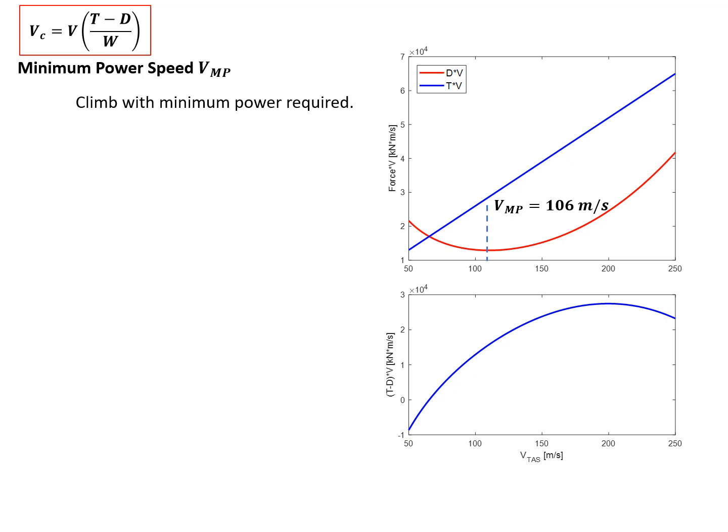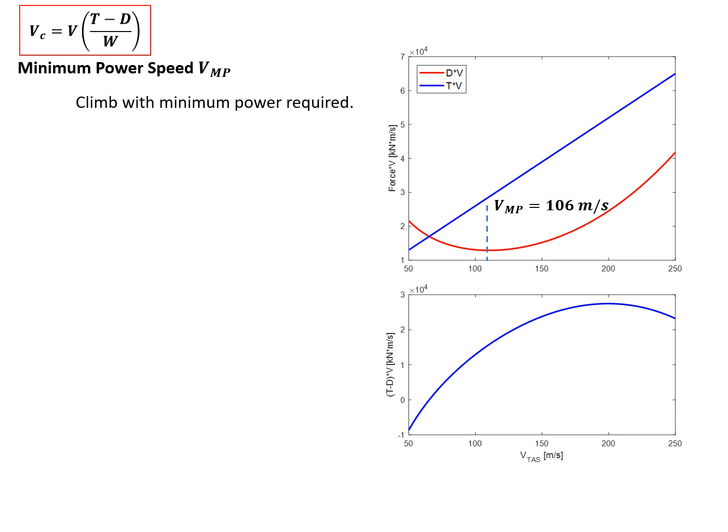Since VC is the difference between VT and VD, we subtract these two quantities. In the second graph, we are plotting TV minus DV, again changing with true airspeed from 50 meters per second to 250 meters per second.